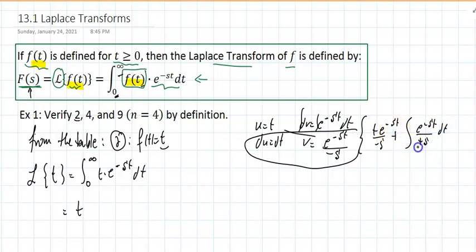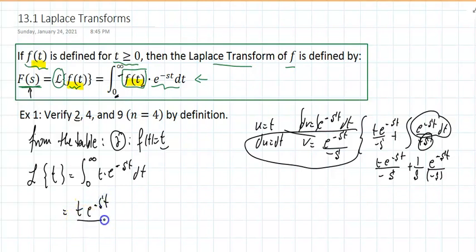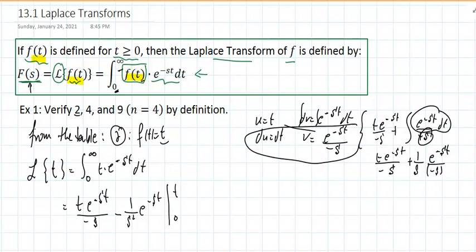So that becomes a plus. That is t e to the negative st divided by negative s plus 1 over s. The integral of e to the negative st is e to the negative st over negative s. So this is going to be t e to the negative st divided by negative s minus 1 over s squared e to the negative st, evaluated from 0 to infinity, taking the limit as t approaches infinity.